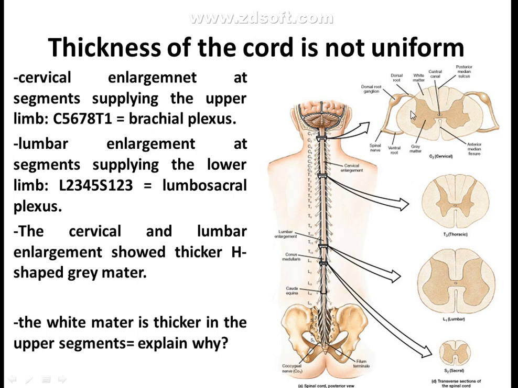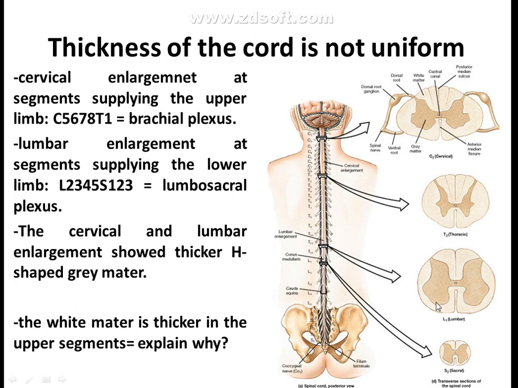And so the cervical enlargement contains much white matter because here you have many descending motor nerves in the white matter that are still not leaving because they have not reached their destination. You have here all the descending nerves that in the cervical region will be in the white matter, and when we reach the upper limb some will lead to the upper limb, reaching the thorax, some lead to the thorax, and so on.